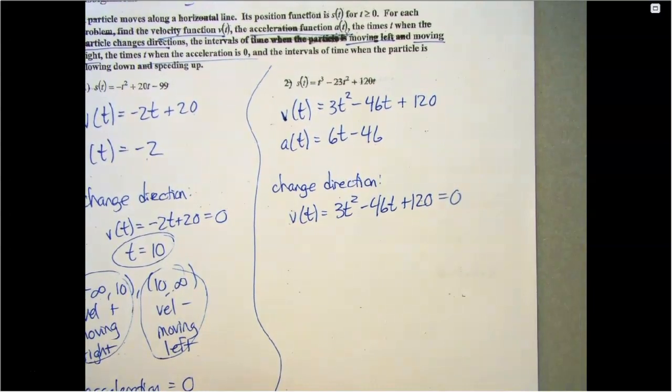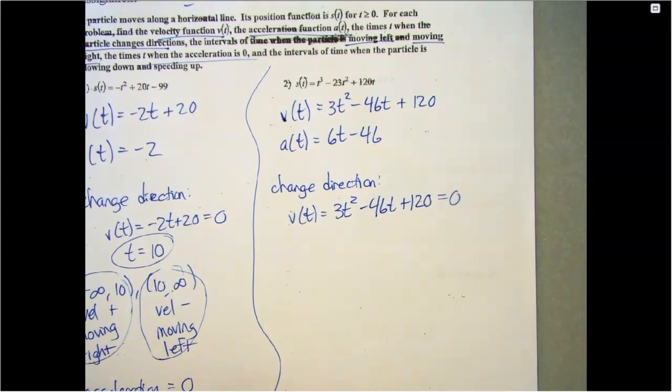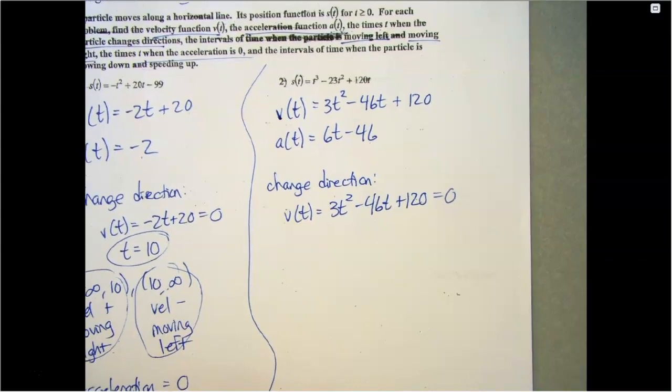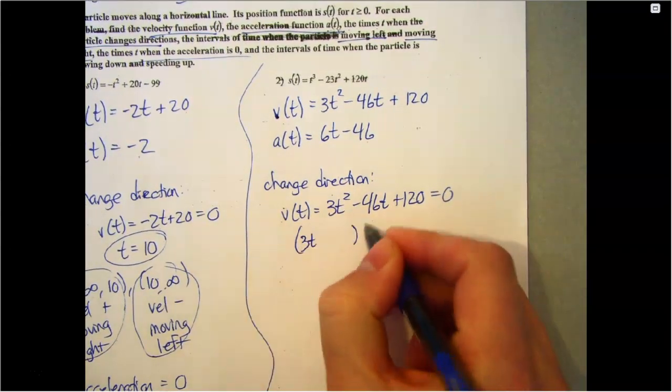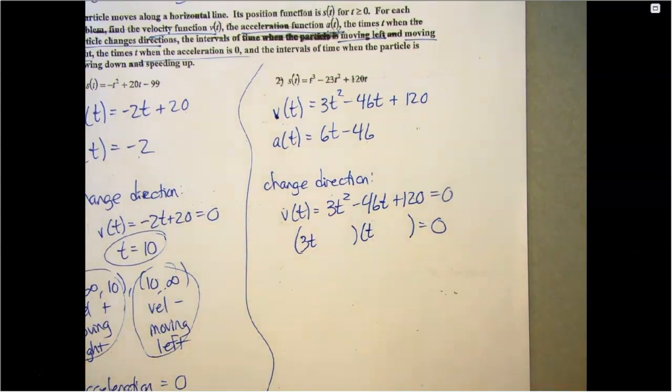I can't factor a 3 out because 3 doesn't go into 46. So I'm going to try to factor using the guess and check FOIL method. I'm hoping I don't have to use the quadratic formula, but what if nothing works?